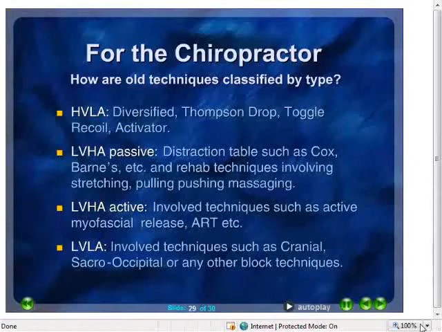HVLA techniques include diversified, Thompson drop, toggle recoil, and activator. LVHA passive techniques include distraction table, such as Cox, Barnes, etc., and rehab techniques involving stretching, pulling, pushing, and massaging. LVHA active techniques include active myofascial release, ART, etc. LVLA techniques include cranial, sacro-occipital, or any other block techniques.